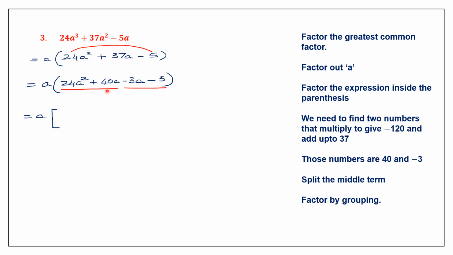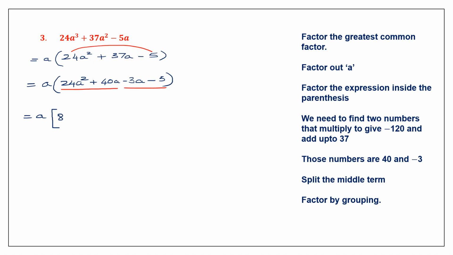What is common here? If you look at the numbers 24 and 40, which is the greatest common factor? Now this is divisible by 2, it's divisible by 4, but we have to look for the greatest common factor, and that is 8. Okay, so 8 3s are 24, 8 5s are 40, so we can take 8 out here and put the remaining within brackets.